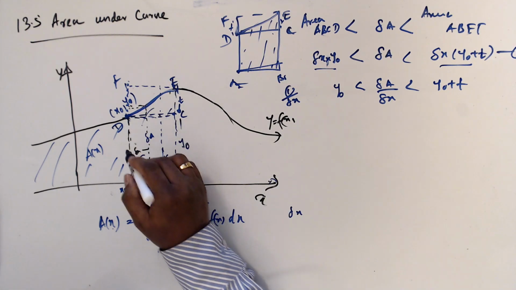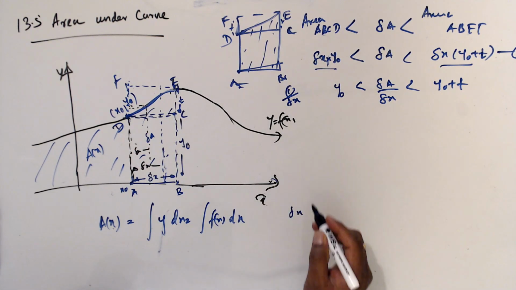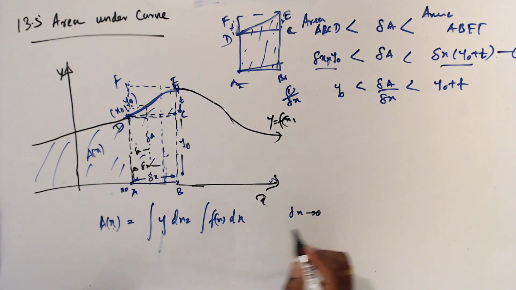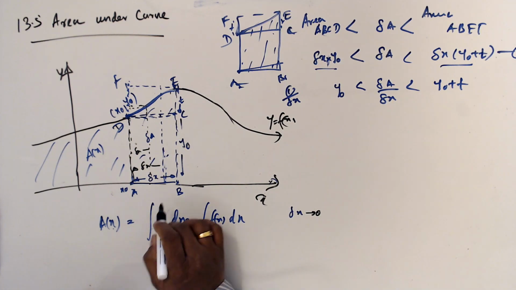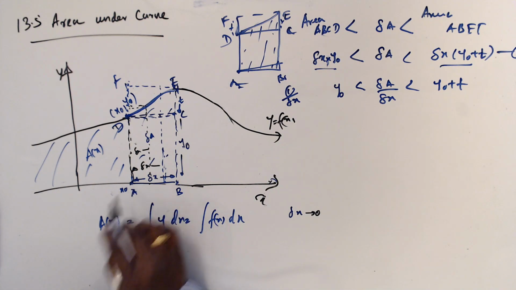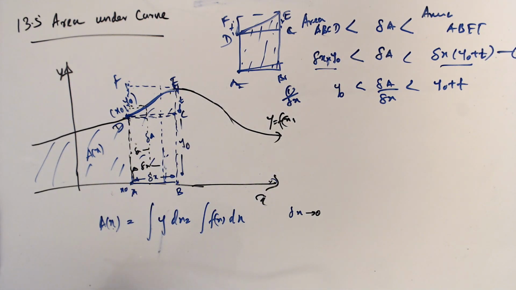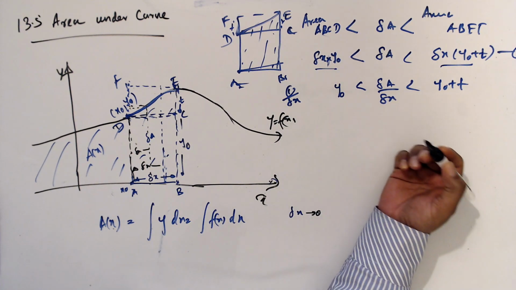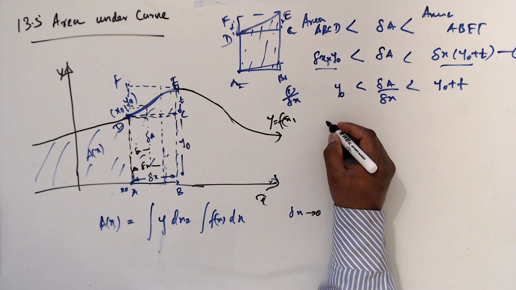And likewise, what I am doing, I am taking delta x towards 0. I am taking the limit, making delta x tend towards 0. So then I apply that mathematically.